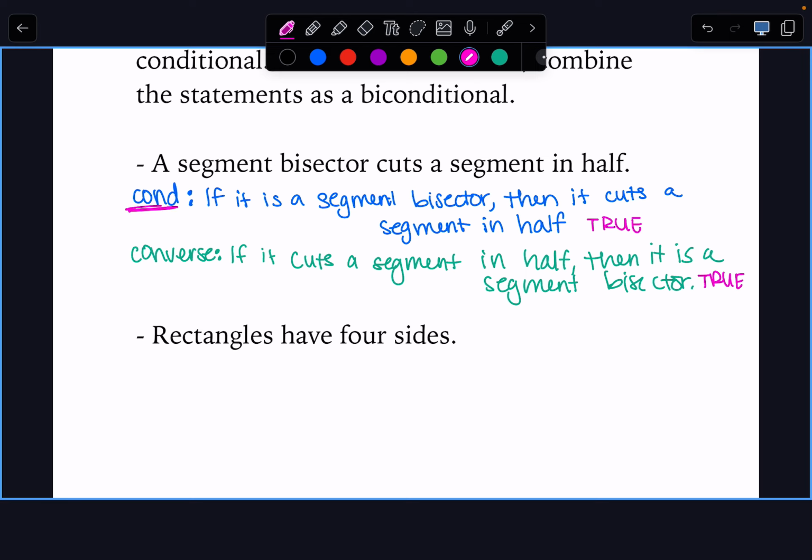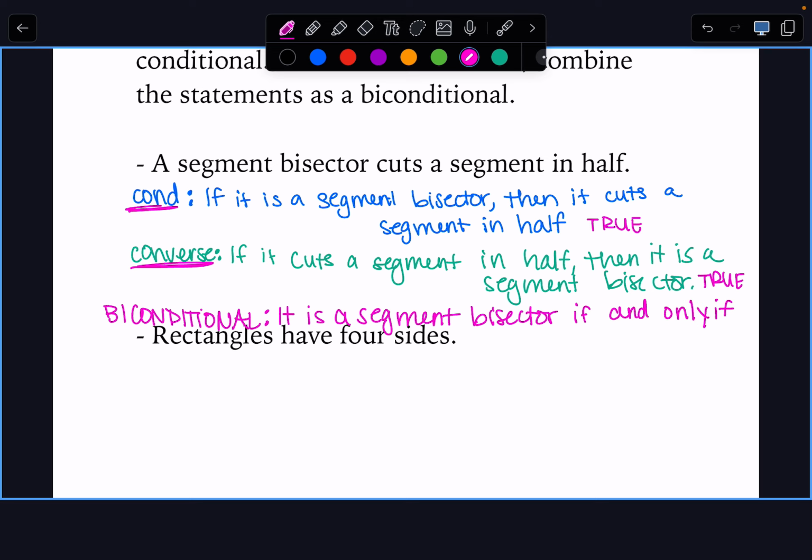So, if both the conditional and the converse are true, we can write P if and only if Q. So in pink, our biconditional: it is a segment bisector if and only if it cuts a segment in half.